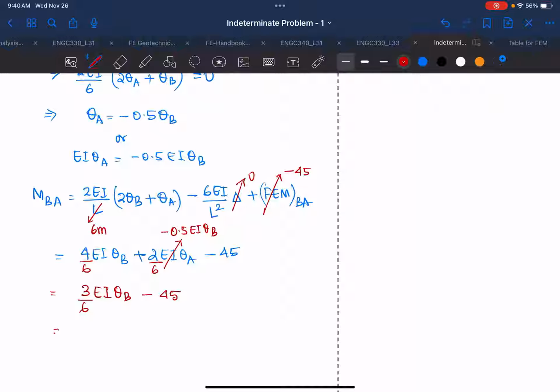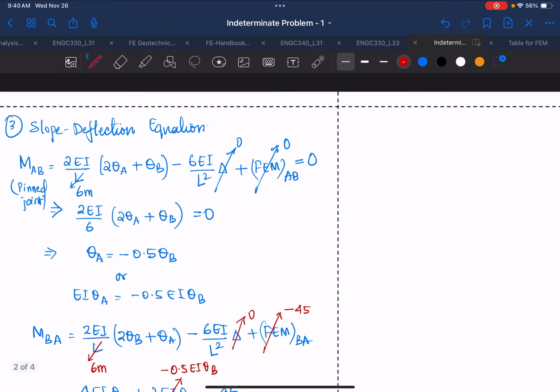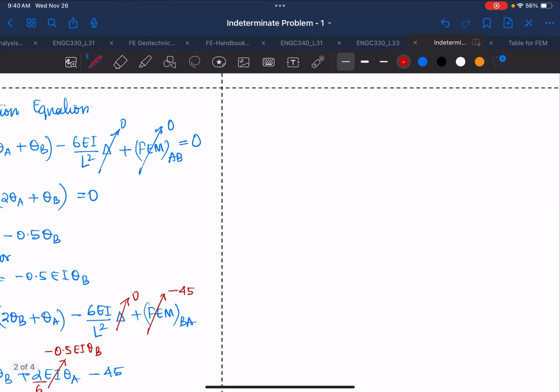So you'll find that this is going to be 0.5 EI theta B minus 45. Okay, so that is the total moment at joint B in a beam AB. And now we'll do the next one, which is MBC.